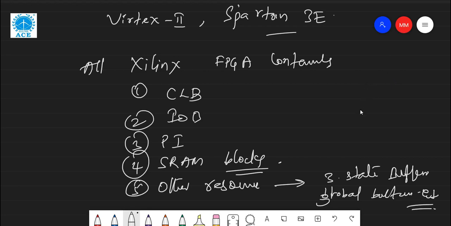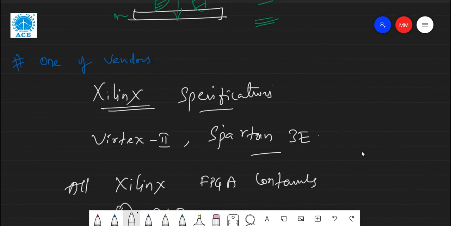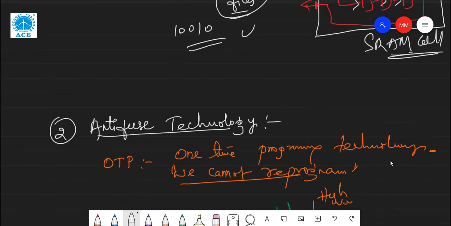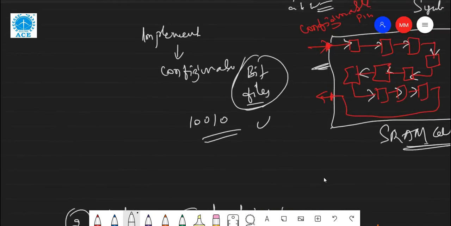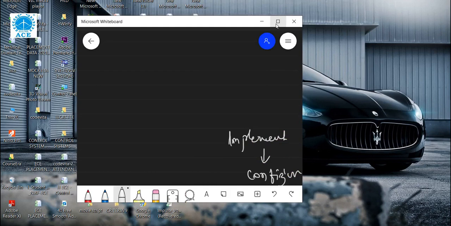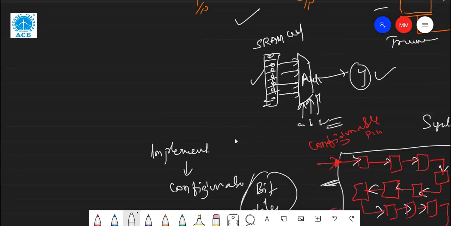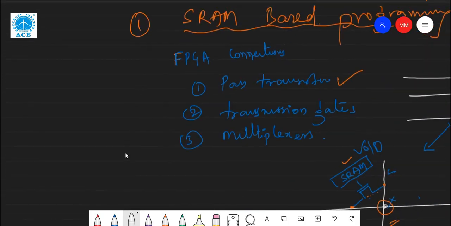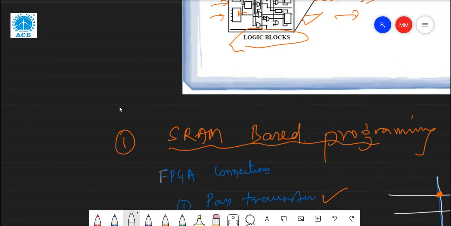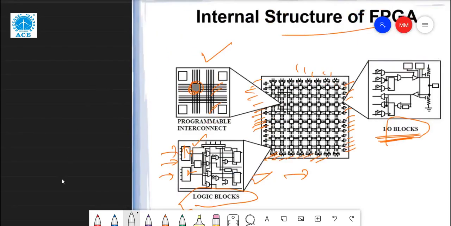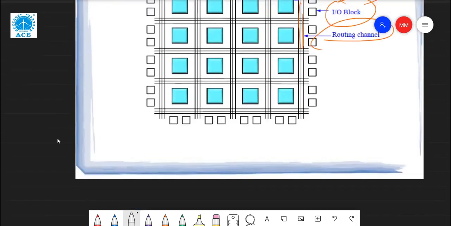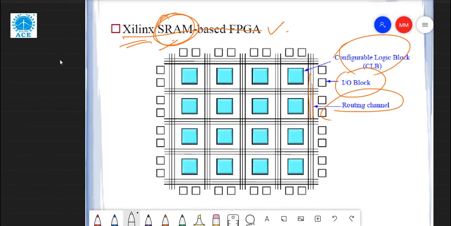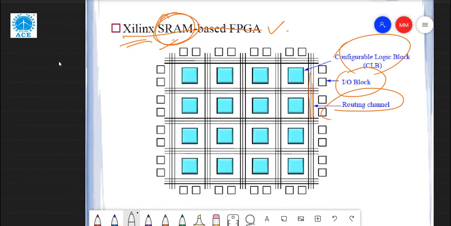This is Virtex 2. I showed you the basic architecture just now, and we'll look into it once again. This is the SRAM based architecture, one of the Virtex.